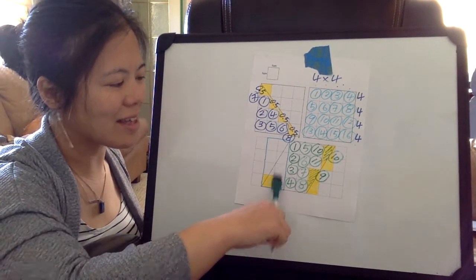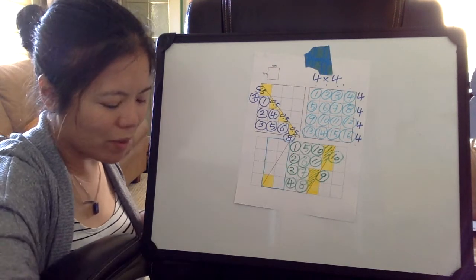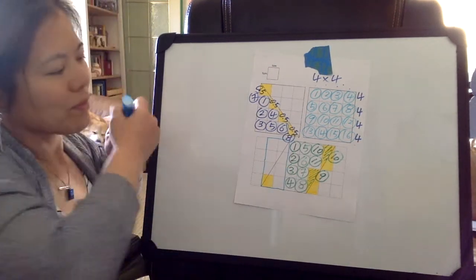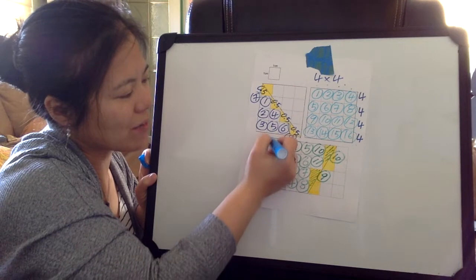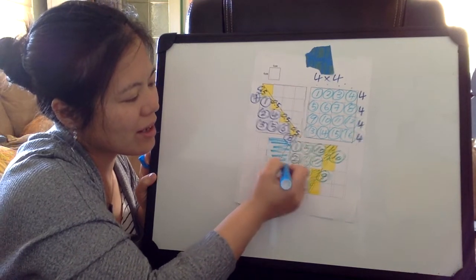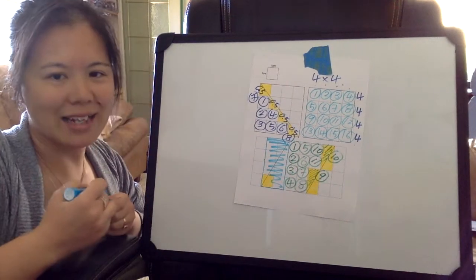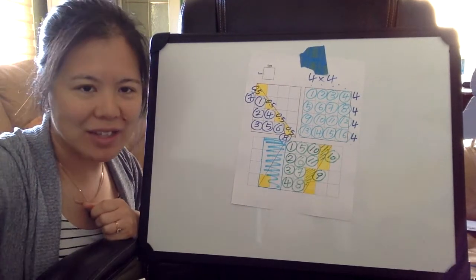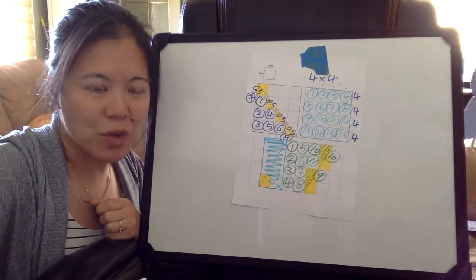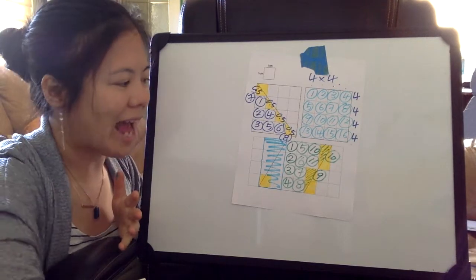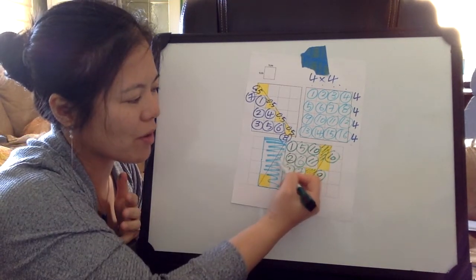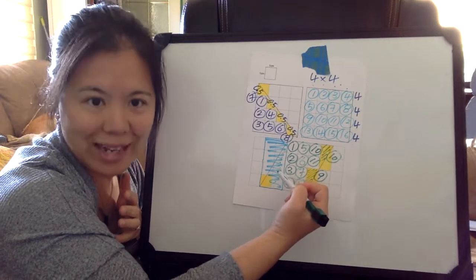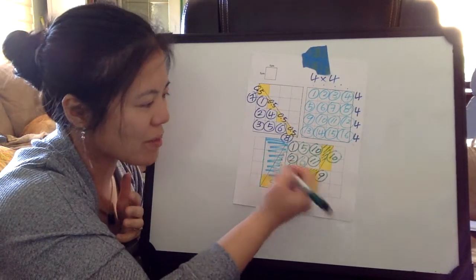And here I said, well, if I'm looking at right over here, the whole thing is cut in half. The whole thing has 8 squares. 8 squares divided by 2, because I only want this part. So 8 divided by 2, that's 4. So I'm going to add 4 more.